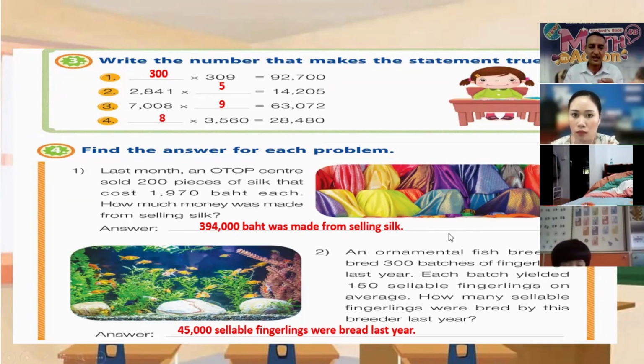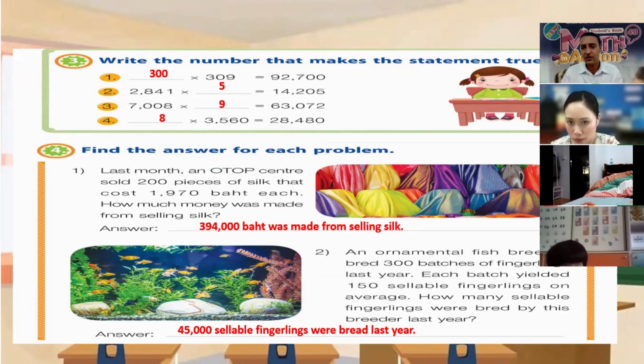So our answer is 45,000 sellable fingerlings were bred last year. Just read the story. What is the story telling us? First, clarify the problem, then find the information which is given to us, and step number 3, execute the problem, right? And then find the calculation method, which method you are going to use.